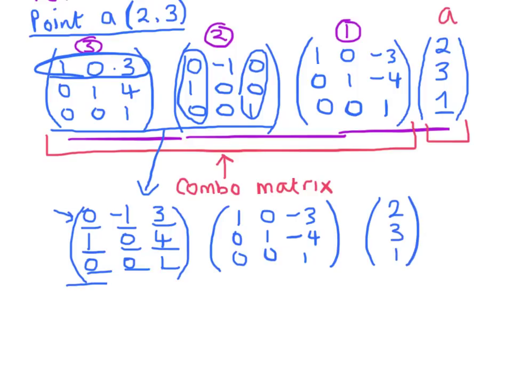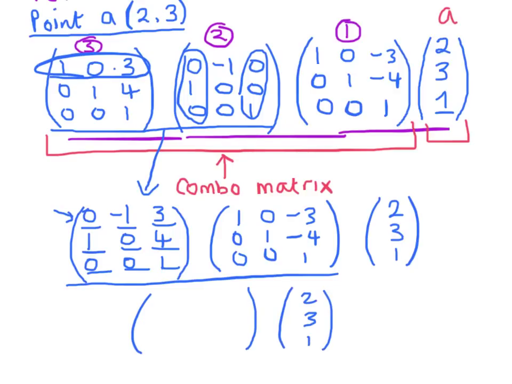Okay, so I'm going to multiply these 2 together. Obviously, again, it's a 3 by 3 multiplied by a 3 by 3. And what you get is, the first one is 0, 0, 0. So the first value is 0. 0, minus 1, 0. So that's minus 1.